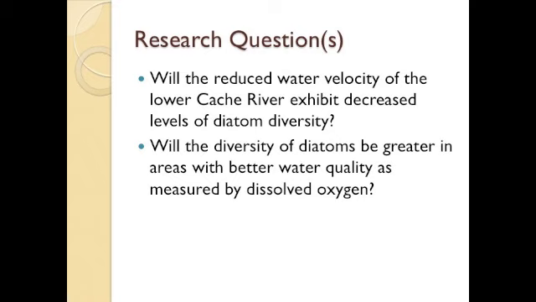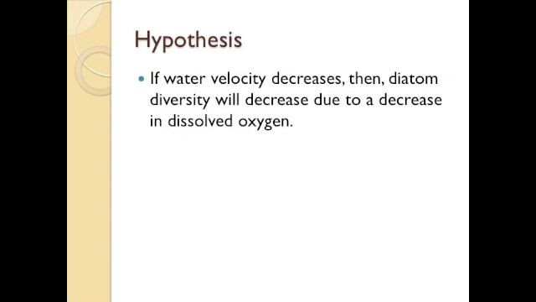So the reverse. Upper cache, more flow, more diversity. Lower cache, low flow, less diversity, and maybe no diatoms. So the hypothesis statement is this. Simply put, if the water velocity decreases, there will be fewer diatoms.